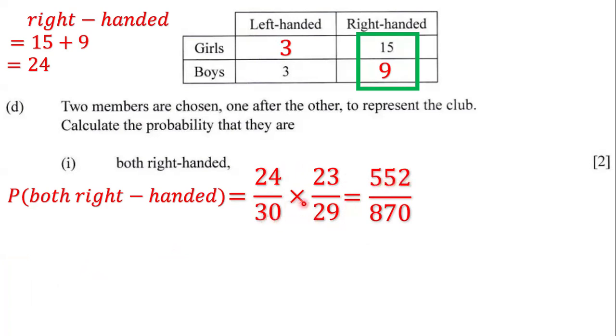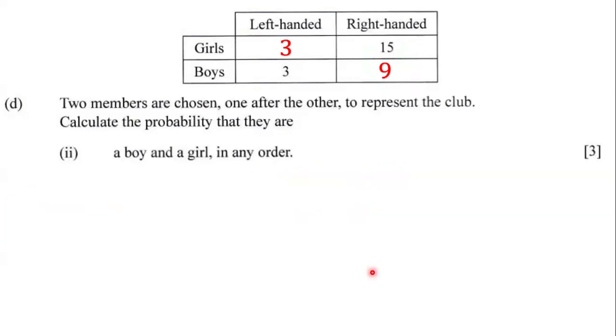And we have 30 times 29, and 30 times 29 is 870. And so what that means is that the probability that both are right-handed is going to be 552 divided by 870. Now this is not in simplest form, by the way. Okay, so let's move on.